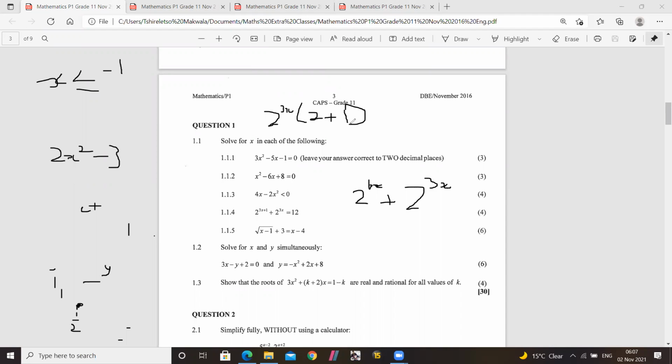So here you wouldn't use the let type of questions. Why? Because you can't have a common factor. So you can divide both sides by 3, then 2 to the power of 3x will be equal to 4.